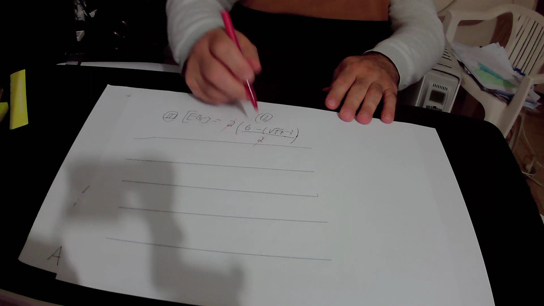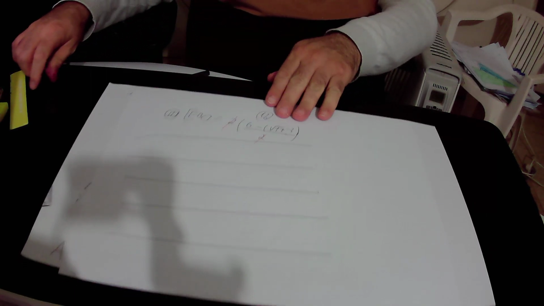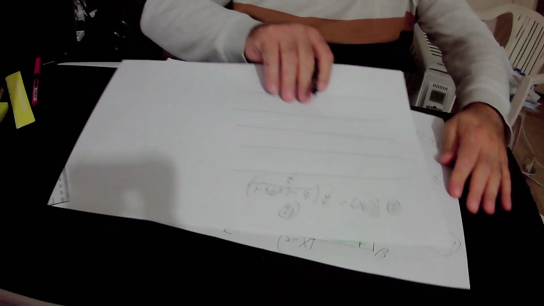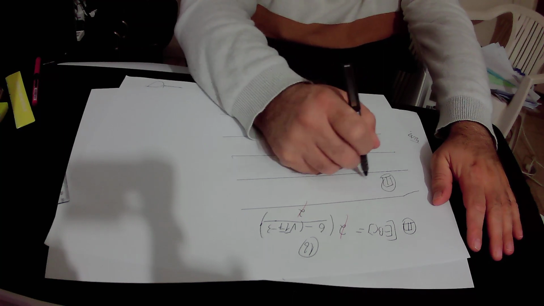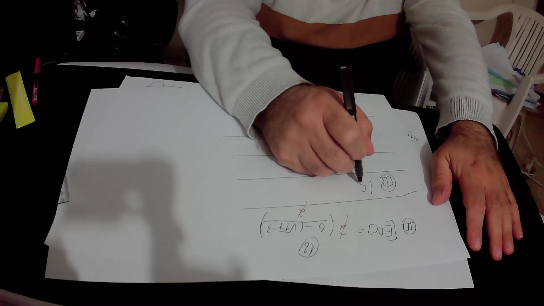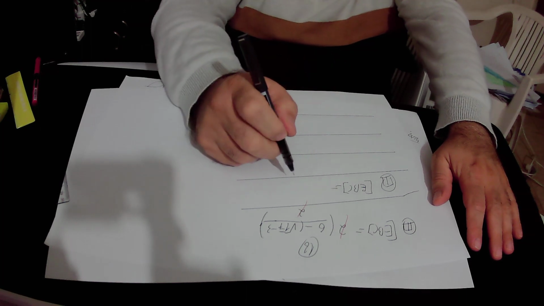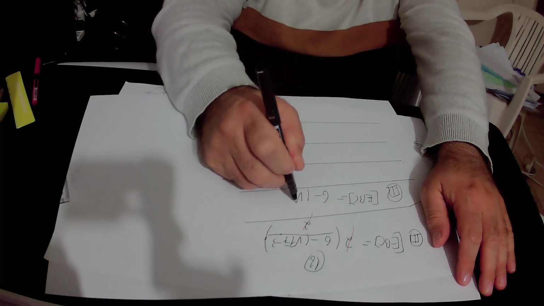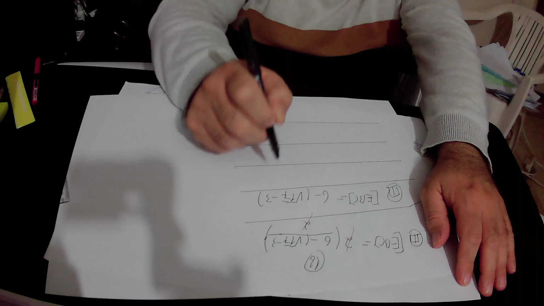And what is left from equation number 3 after we cancel 2? What is left is the area of the green right triangle, triangle EBC, which equals 6 minus square root of 17 minus 3.